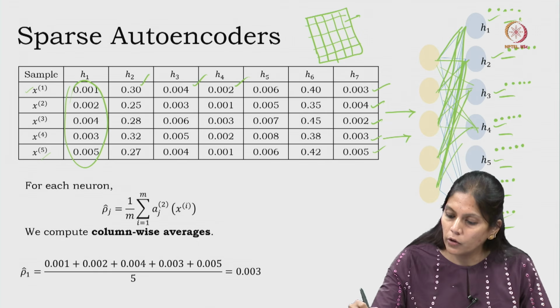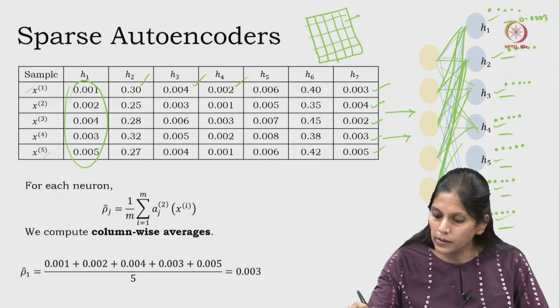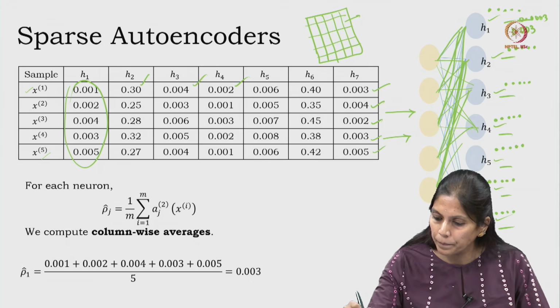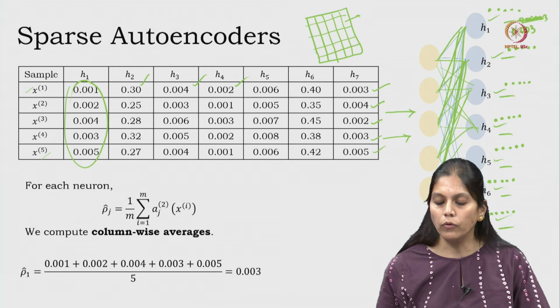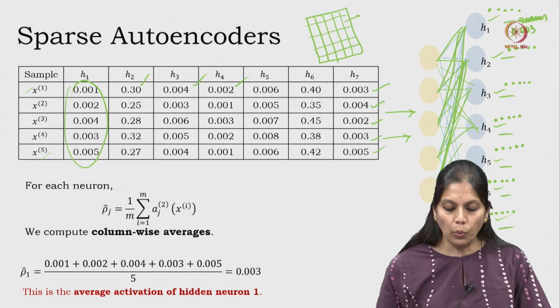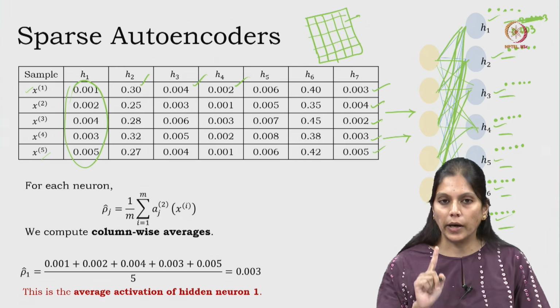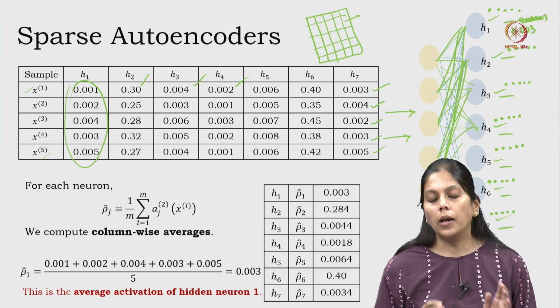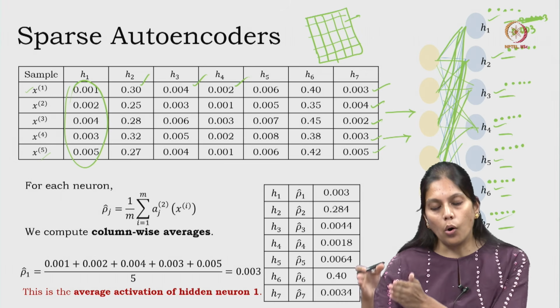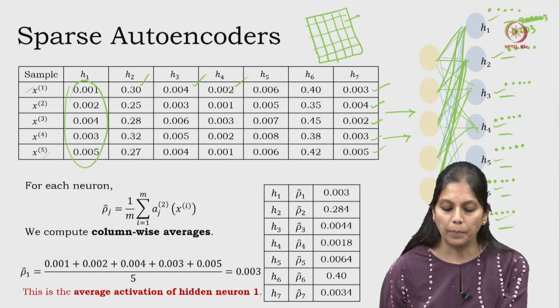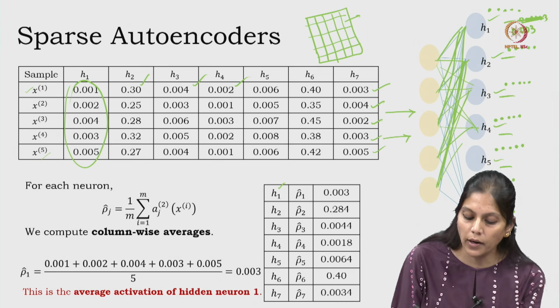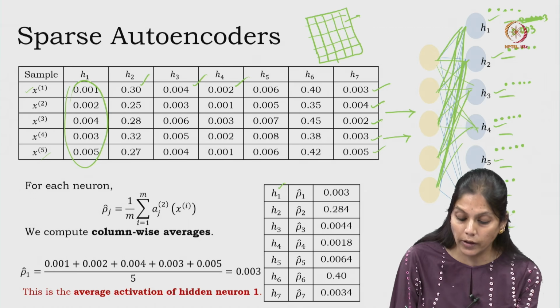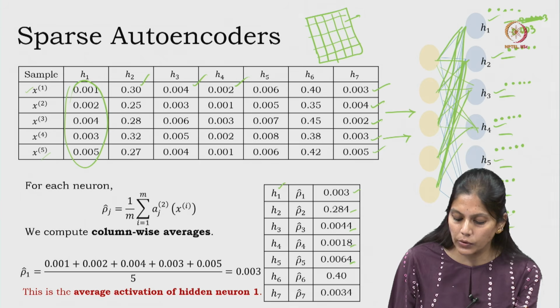The average of this is 0.003. This is the average activation of hidden neuron 1. Then you will calculate like this for all other neurons. For H1, the average activation is this much. For H2, this is the value, and so on.